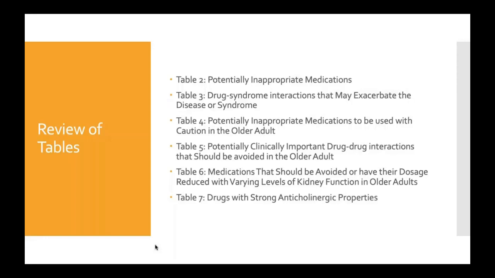Table 4 looks at medications that should be used with caution in elderly patients. Table 5 looks at specific drug-drug interactions that should be avoided. Table 6 looks at medications that should be adjusted or avoided depending on kidney function levels. And then Table 7 lists drugs that have strong anticholinergic properties.